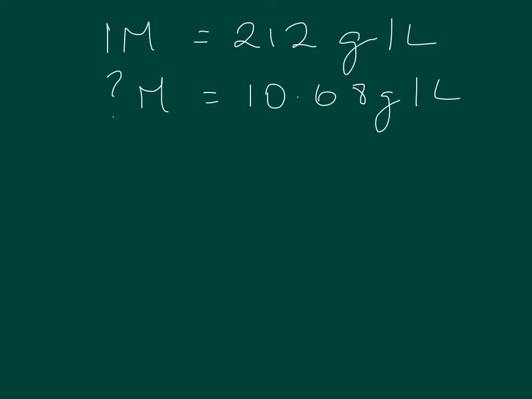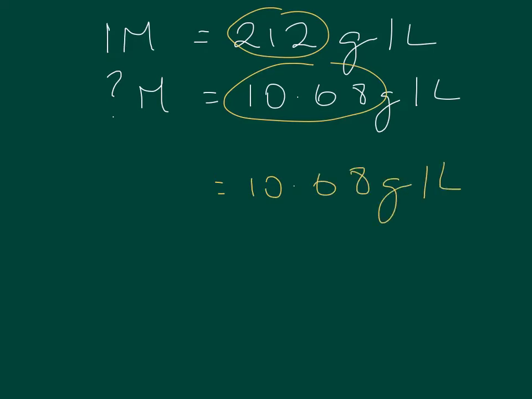Some of you are going to cross multiply and be able to calculate it. I've mentioned before how I do it. I'm going to take my 212 and divide by 212 on the right hand side of the equal sign, and multiply by 10.68, and I'm going to do the same thing on the left hand side. On the right hand side I get my 10.68 grams per litre, divided by 212 times 10.68.